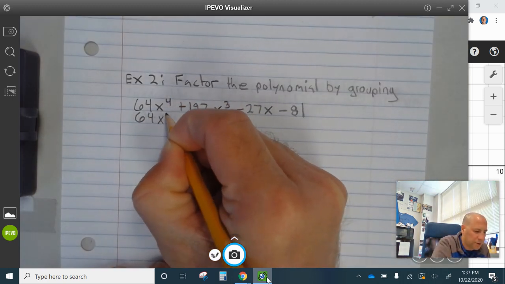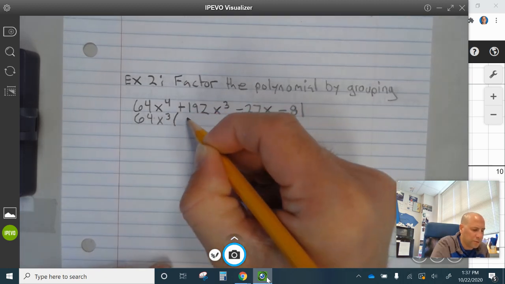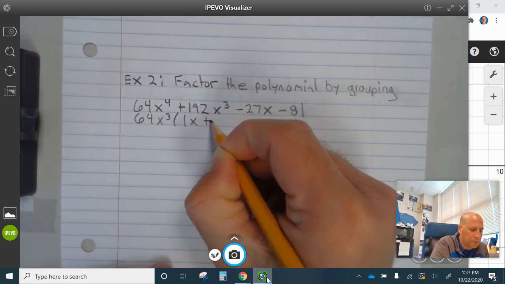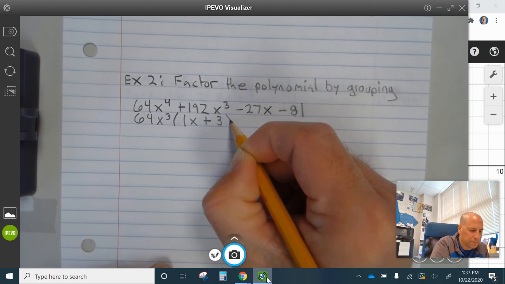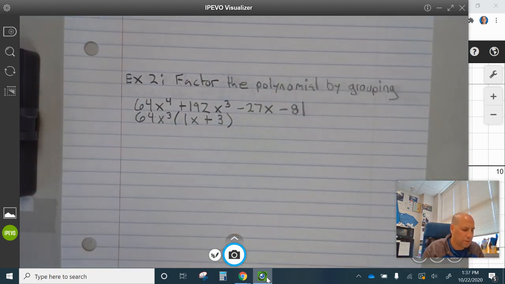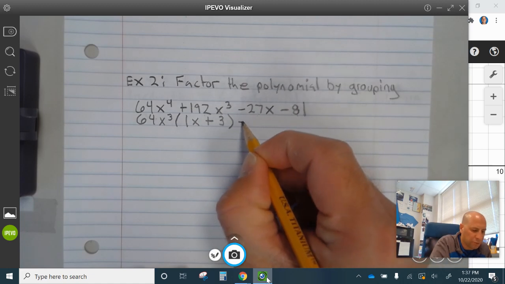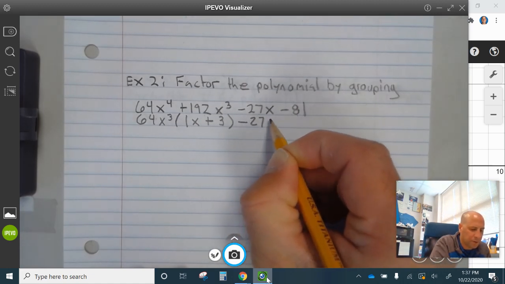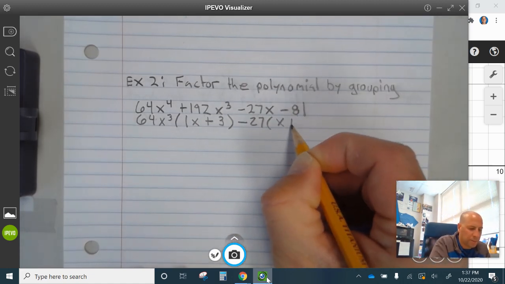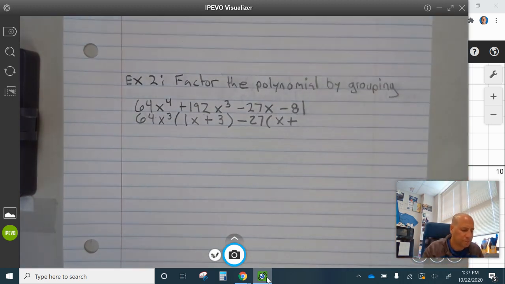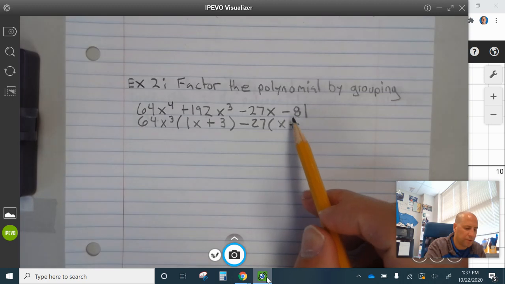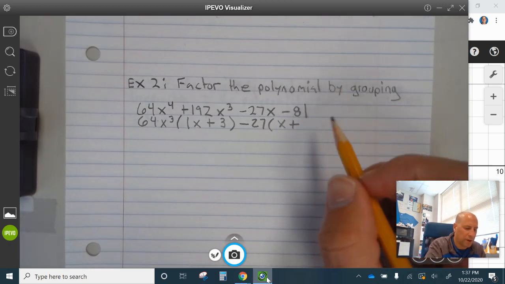So 64x cubed, which leaves x plus 3. Okay, and then we can factor out a 27 from both of these terms. So minus 27, which leaves x plus 3.